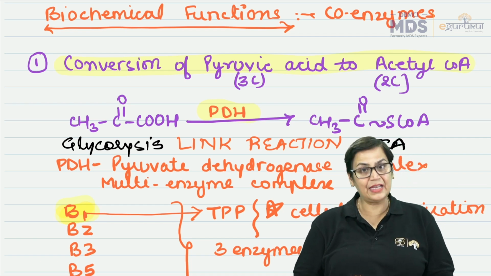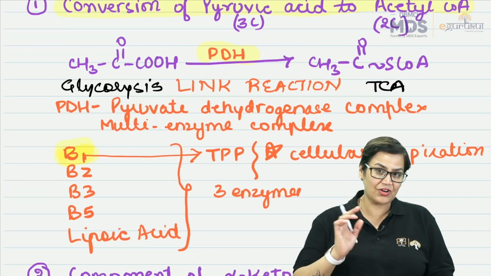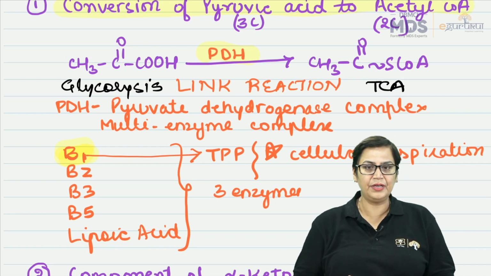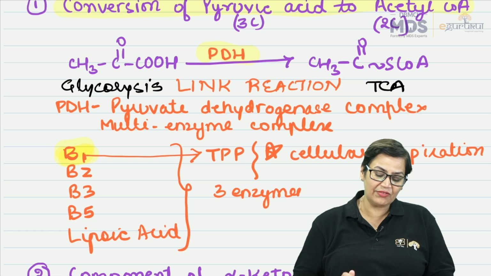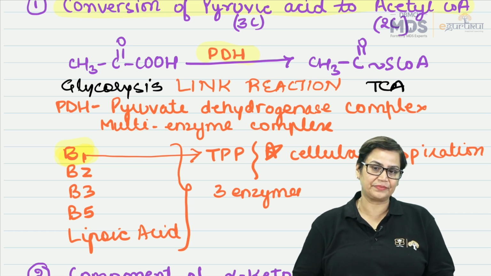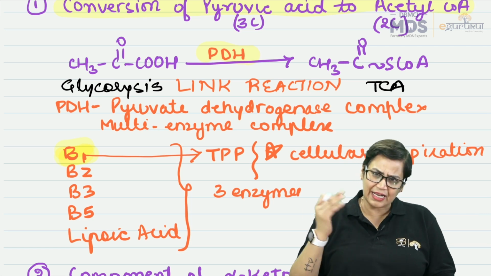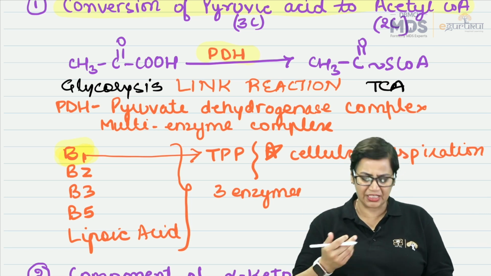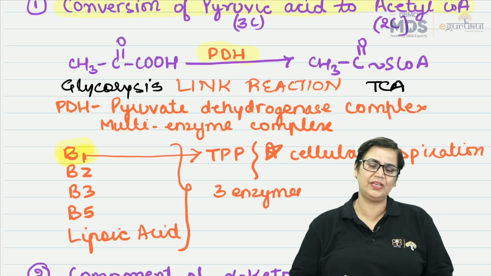This question might strike your mind: I have written B2, B3, B5, lipoic acid also, so why is B1 considered to be the important one? Because this is the one which takes out the carbon dioxide. The rest of the reactions, like dehydrogenation and all, are made possible by B2, B3, B5.